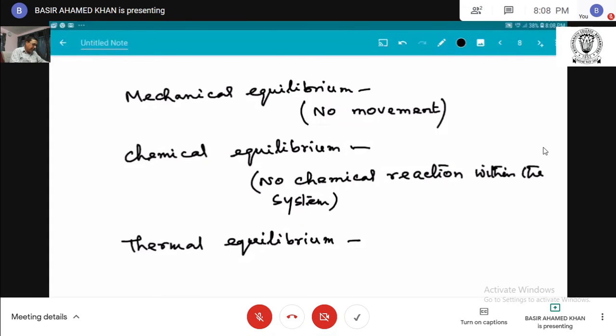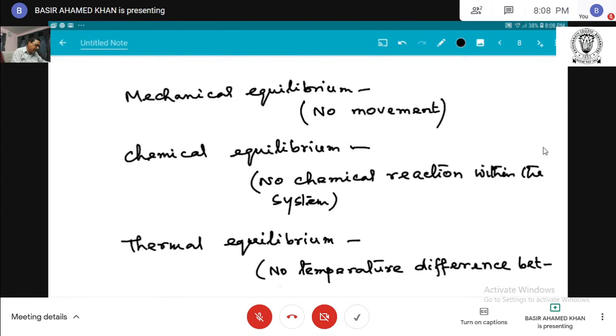That is, no temperature difference between different parts of the system. Then this is thermal equilibrium.